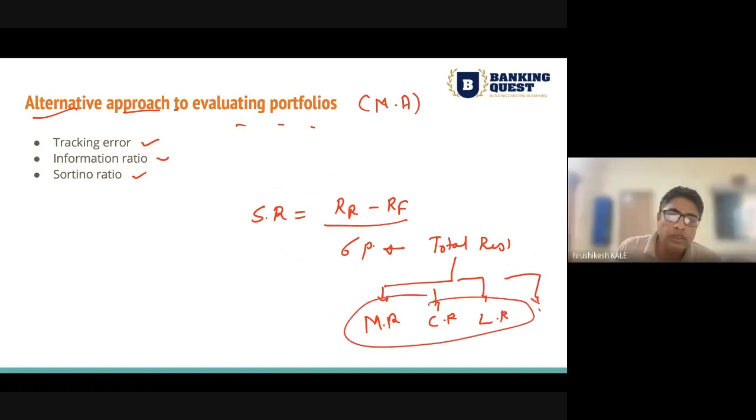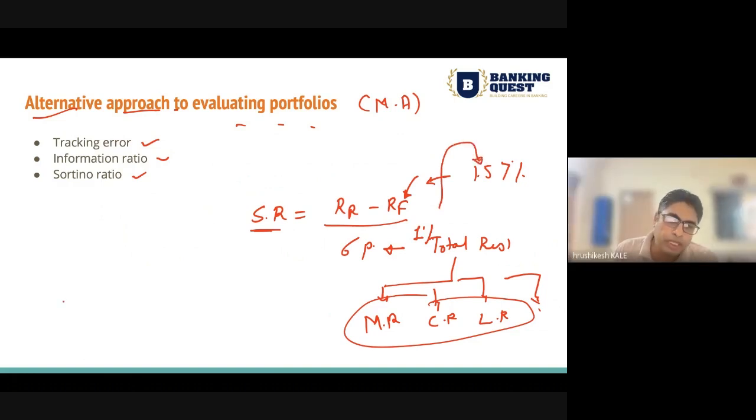So Sharpe ratio is a ratio of returns. In the numerator, you will have returns. So Sharpe ratio came out to be, let's say, 1.5. Now, what does Sharpe ratio tell? That if your standard deviation is 1%, then my return is 1.5%.